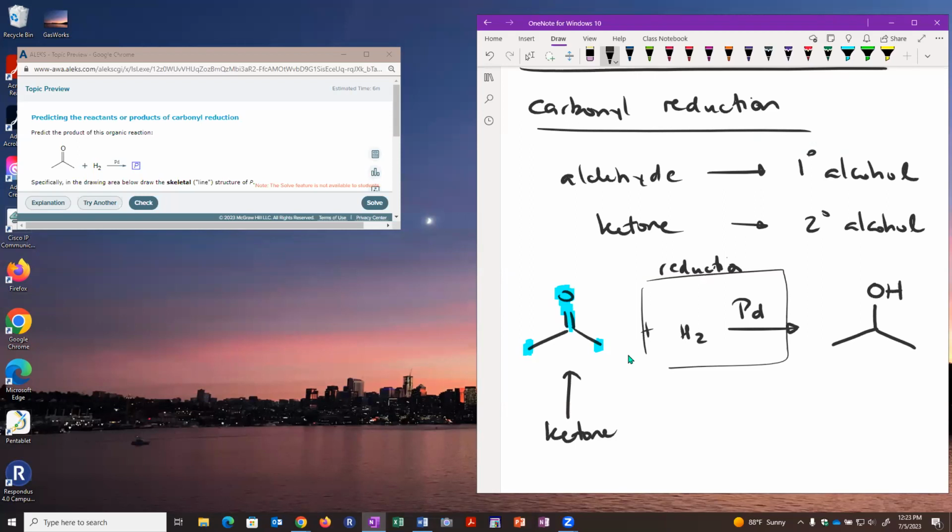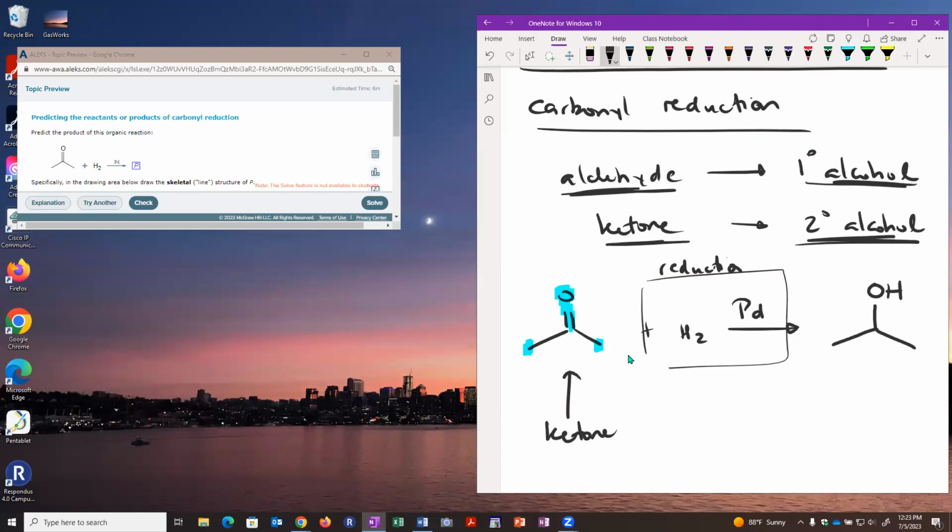The carbons don't change. And in this case, I end up with the hydroxyl group. That means it's an alcohol connected to a carbon, connected to other carbons. So I end up with a secondary alcohol when I reduce the ketone. If I had started with an aldehyde, for example, I would have ended up with an alcohol, but it would have been a primary alcohol.